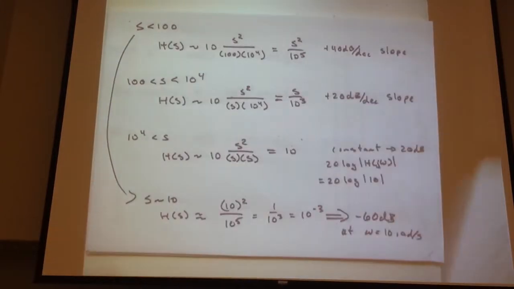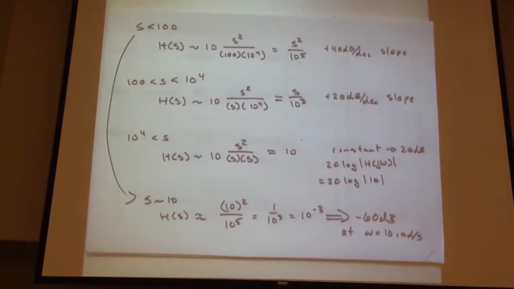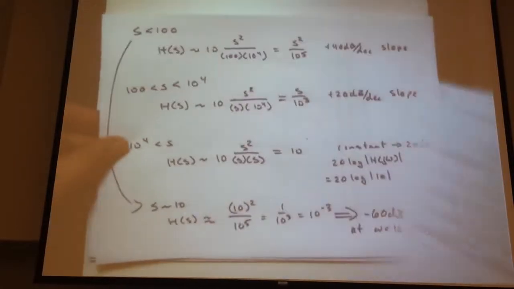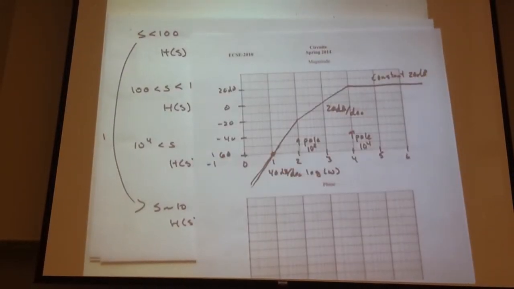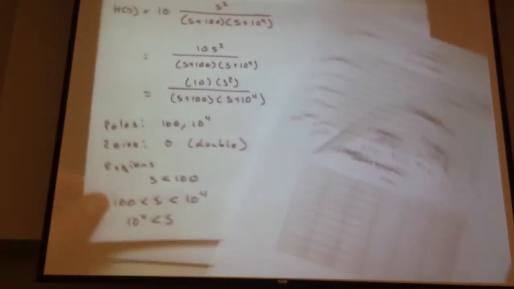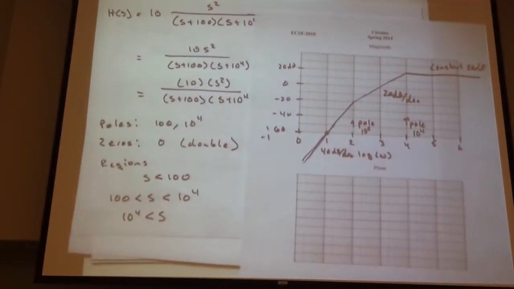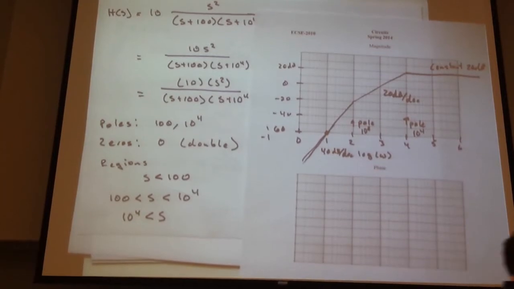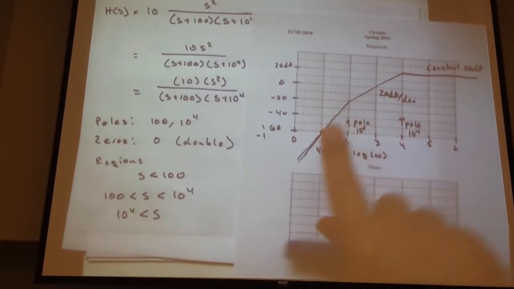Now, something to emphasize here, to go back. When we look at a double pole, a double zero at 0, what does that mean? Well, there's an interpretation here. This slope continues off to where?